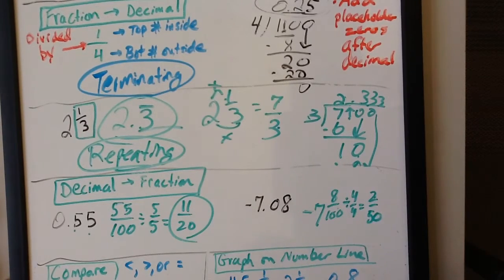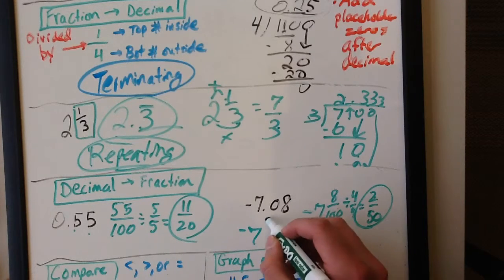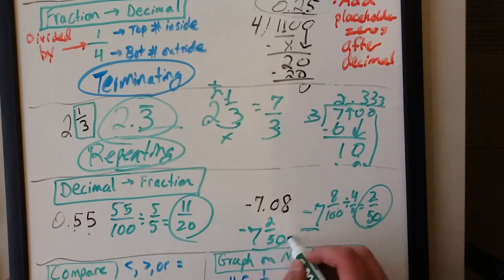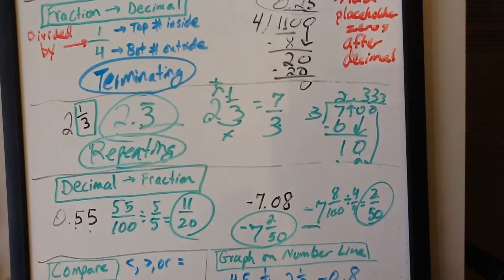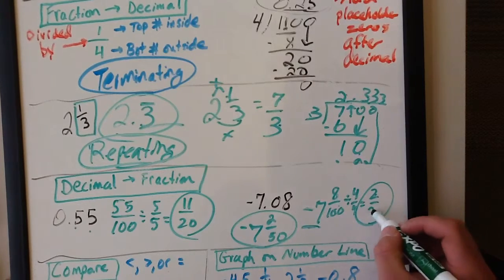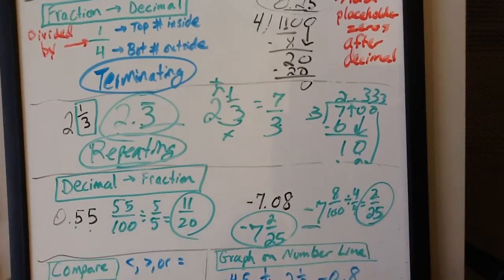Now remember, that's just the fractional part. You still have this part, negative 7. So this is negative 7 and 2 twenty-fifths, and we'll go ahead and leave it as a mixed number. 100 divided by 4 is 25. So negative 7 and 2 twenty-fifths.